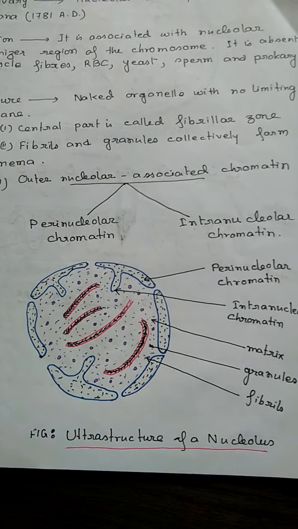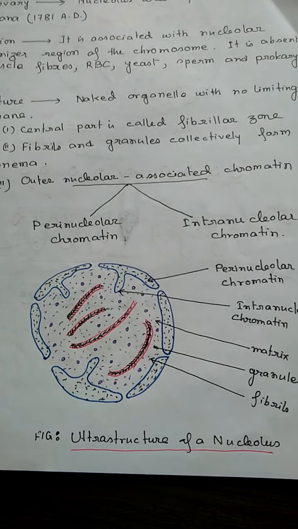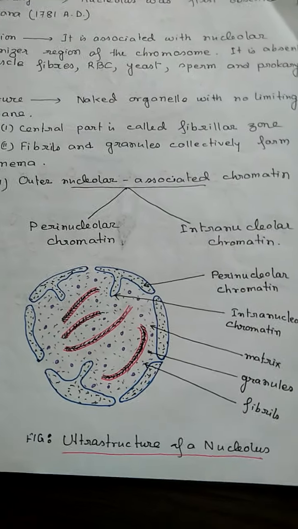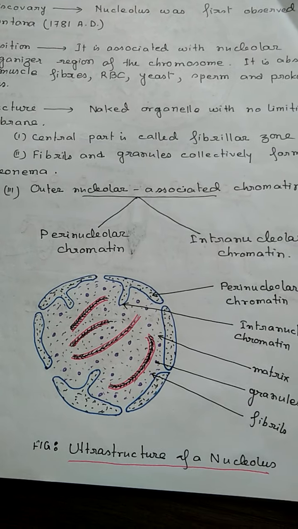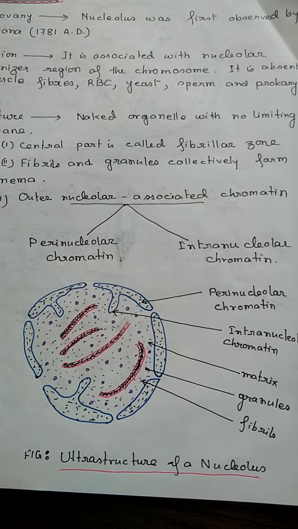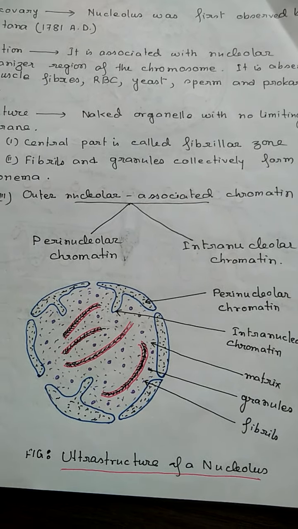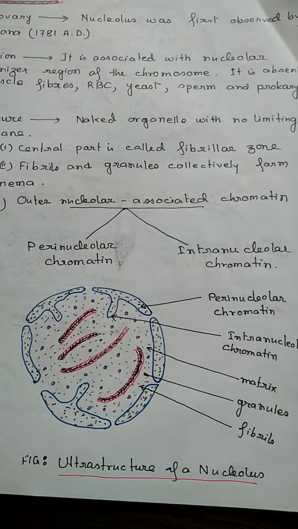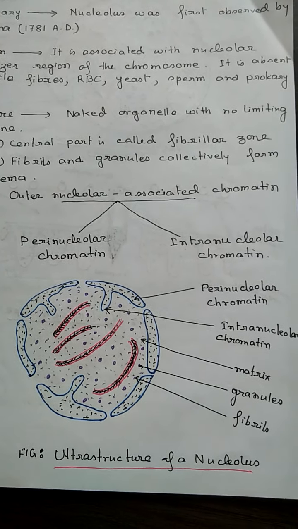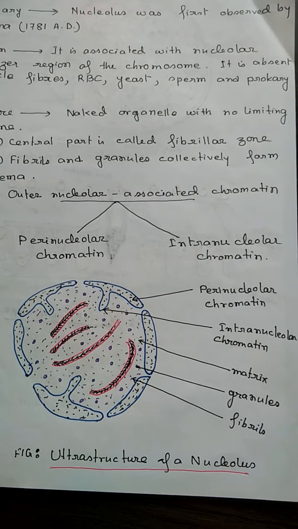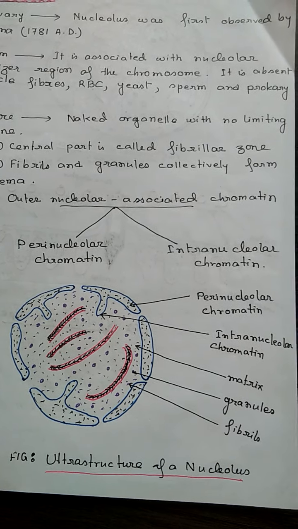Okay, so this is the structure of the nucleolus. Its chemical composition contains rRNA. As for function, it is the site of biosynthesis of rRNA and stores rRNA. It helps in spindle formation and helps in the transport of rRNA, messenger RNA and tRNA.